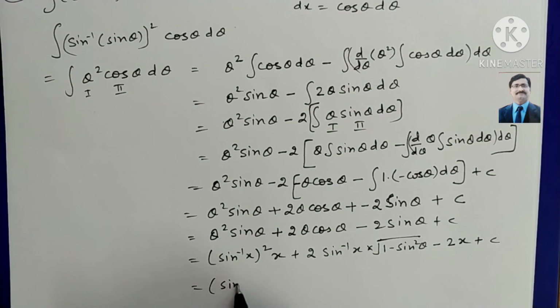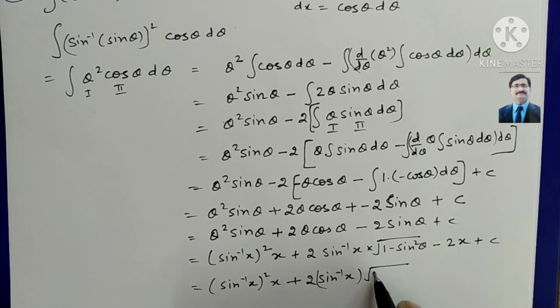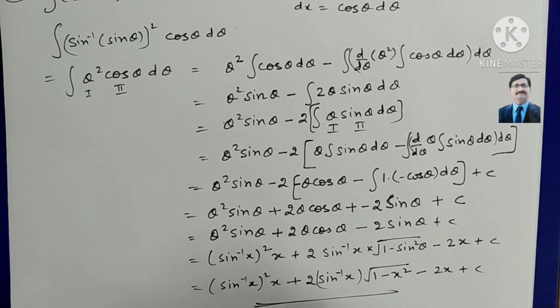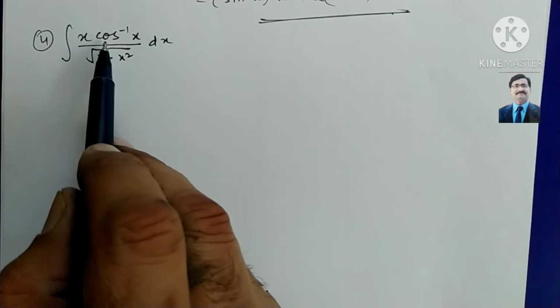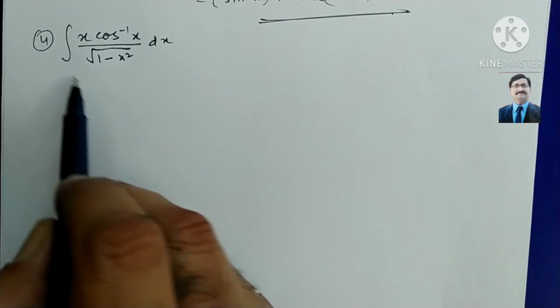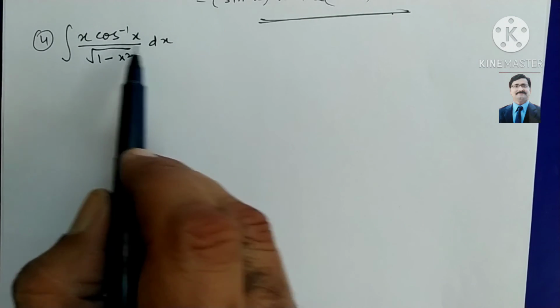This will be sine inverse x whole square into x, plus 2 sine inverse x into root 1 minus x square, minus 2x, plus c. This is our answer.